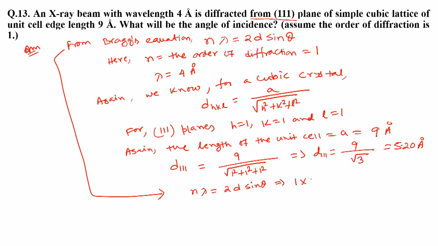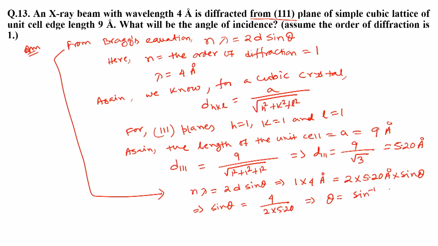Now n is 1, lambda is 4 angstrom, then 2 times d is 5.20 angstrom, then sine theta. So the value of sine theta is 4 by 2 times 5.20.